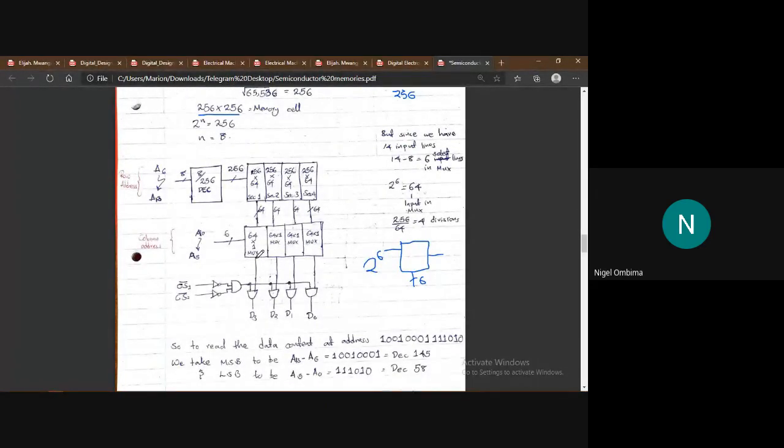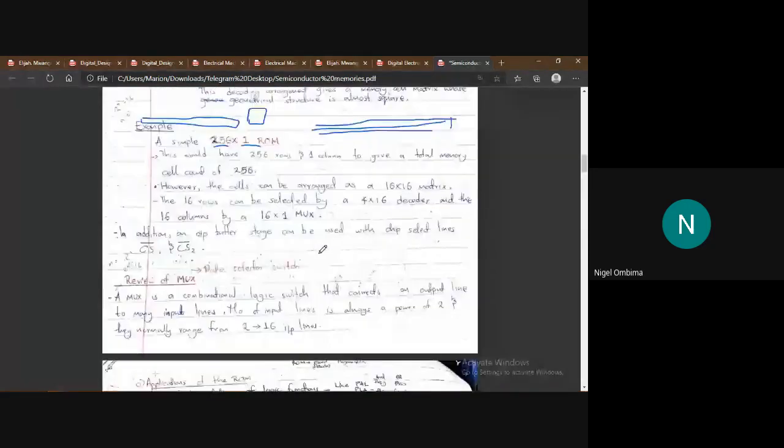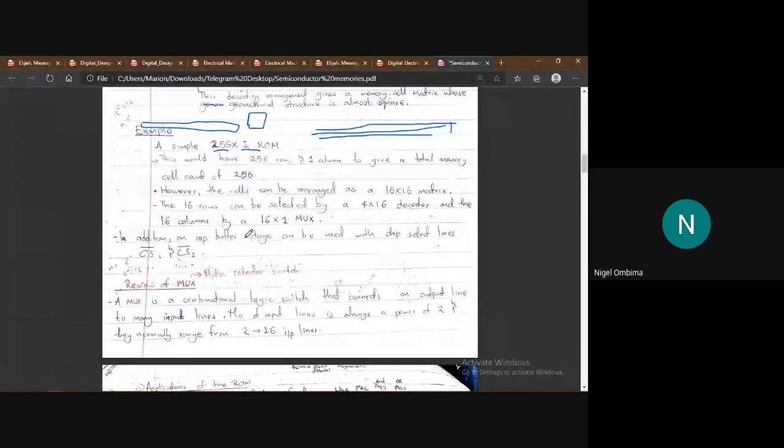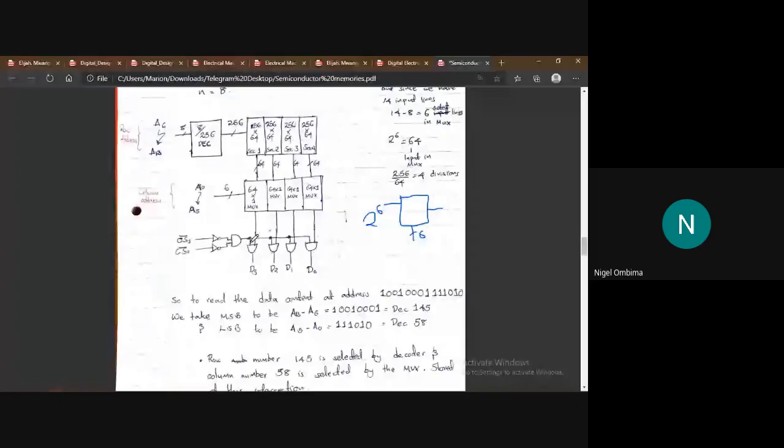So they will come to D3, D2, D1 and D0. Then there is a chip select for the nodes here. In addition, an output buffer stage can be used with chip select lines CS1 and CS2. So that's why we've included it here to each of our buffers. Then we get our data out to be this. It will be 4-bit. So remember, the number of multiplexers shows up.